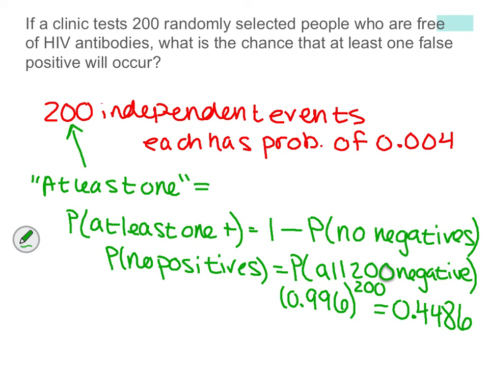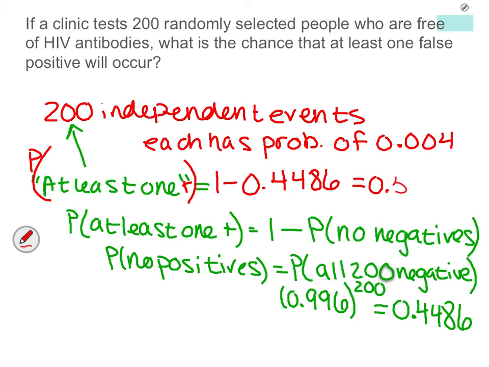Then the probability that we have at least one false positive would be 1 minus all 200 being negative, so 1 minus 0.4486. So about 55%, we can say.